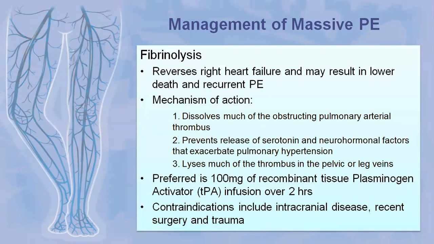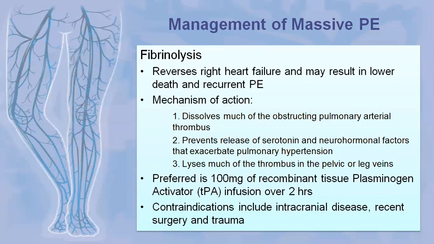Fibrinolysis in massive PE may reverse right heart failure and may result in lower death and recurrent PE. How? It dissolves much of the obstructing pulmonary arterial thrombus. It may prevent the release of serotonin and neurohormonal factors that exacerbate pulmonary hypertension. And of course, it lyses much of the thrombus in the pelvic or leg veins.